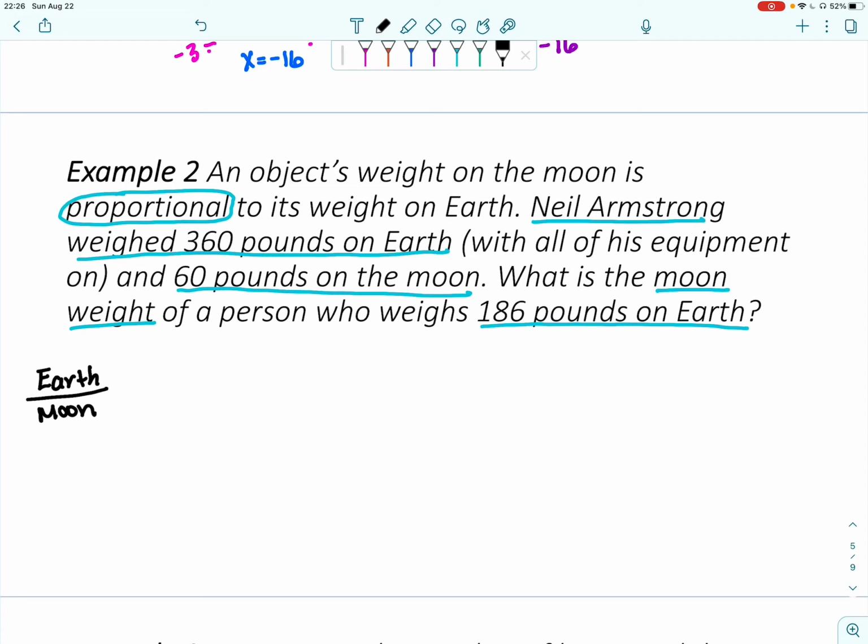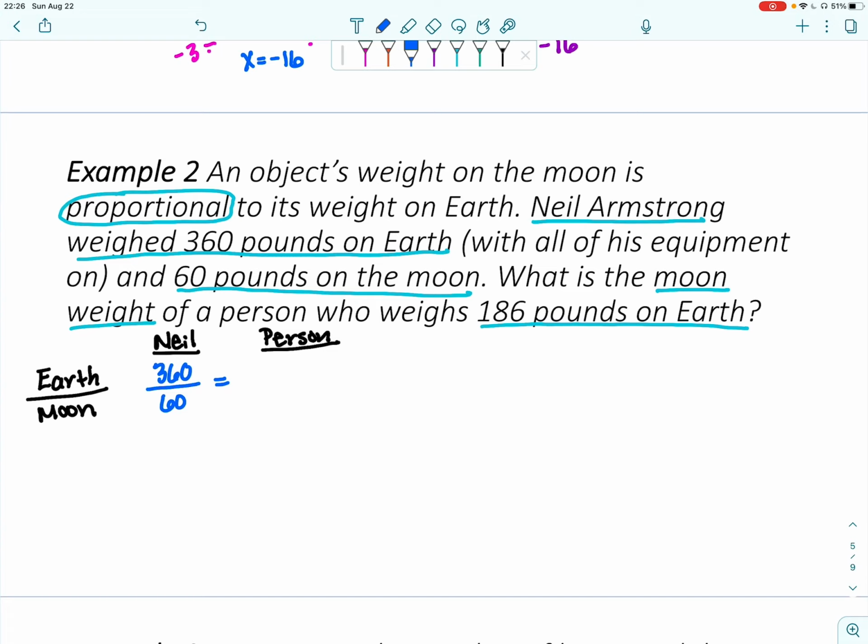I need to do that for both of my ratios. So my first ratio is going to be for Neil. Neil's earth weight was 360 over his moon weight of 60. And that's equal to this other person that I have.